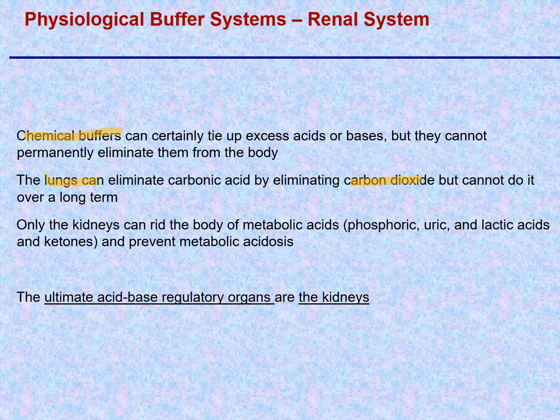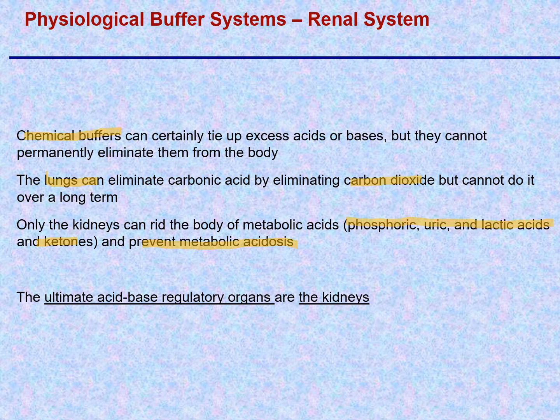They can get rid of the metabolic acids like phosphoric, uric, or lactic acids or ketones, and therefore prevent metabolic acidosis. Acidosis, low pH, occurs because of accumulation of metabolic products. The kidneys get rid of them and they're permanently gone.